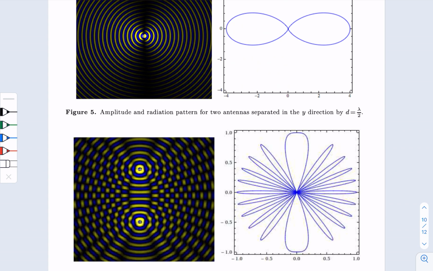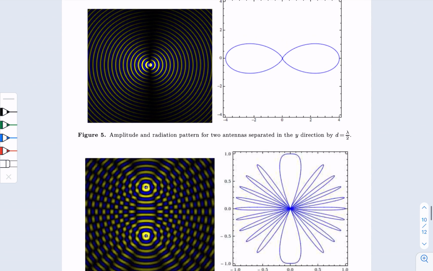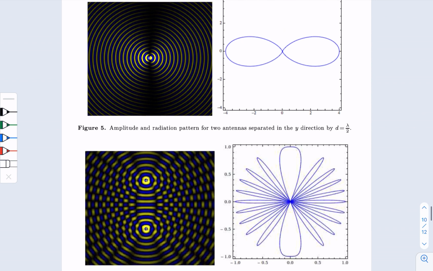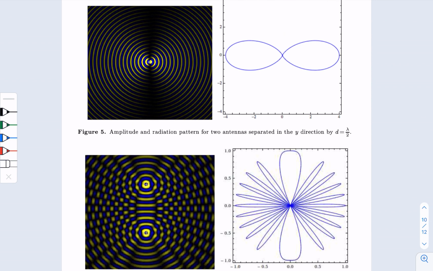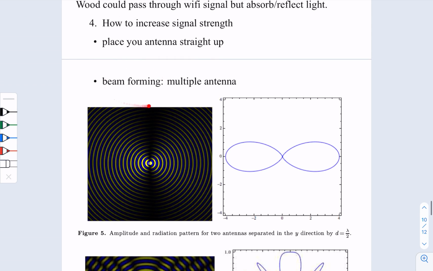So instead of 2 big lobes, this structure is much smaller, but it can actually be quite useful, as you can see later. But the message here is that by engineering the shape, you can increase the signal strength received by the receiver. This is actually one of the technologies called beam forming.